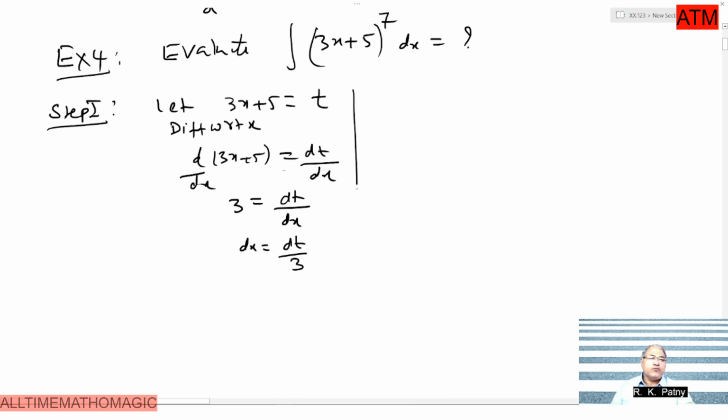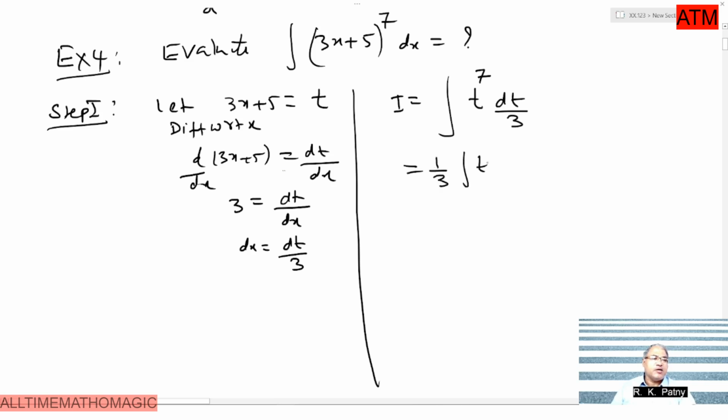So the first step is over. Now what is I equal to? In place of 3x plus 5 we can put t, so it is t raised to 7, and in place of dx we can write dt upon 3. 1 upon 3 is a constant, taking it outside, it is t raised to 7 with respect to t.